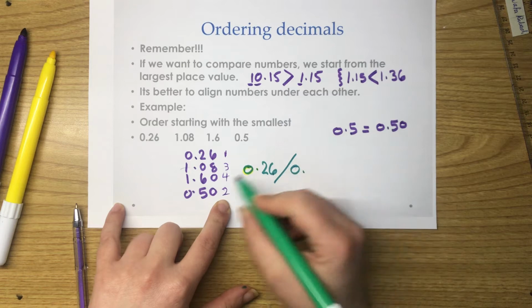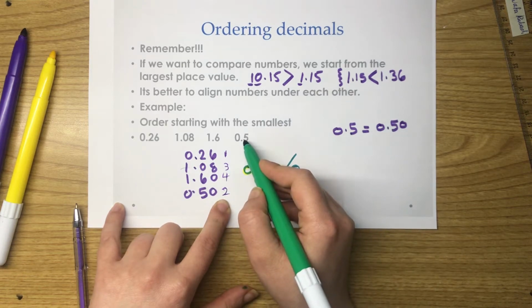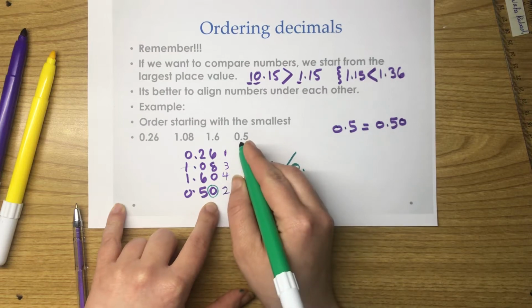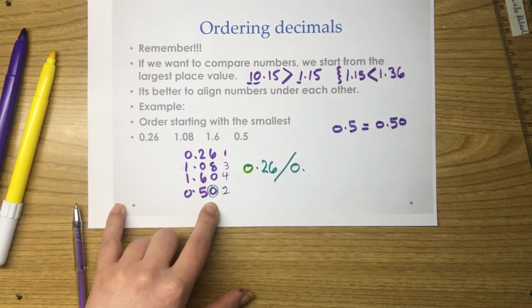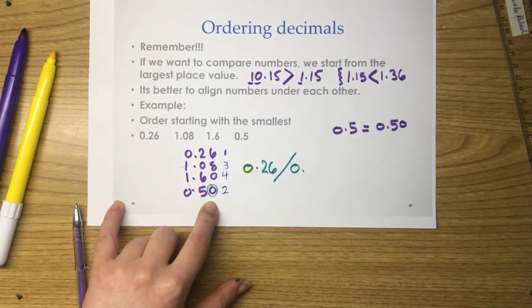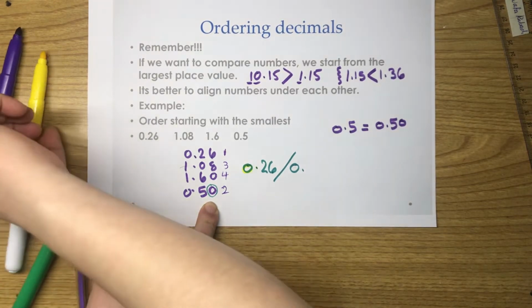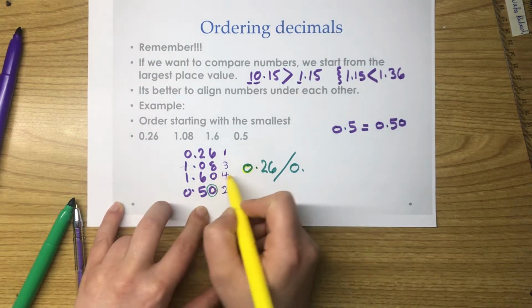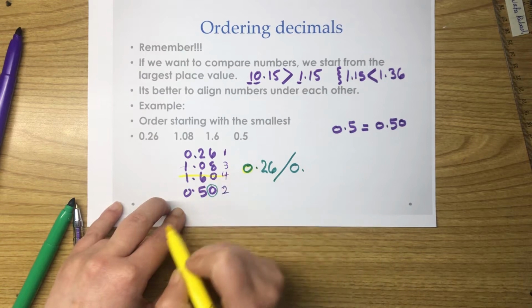Put the original answer, please. The zeros were added before, so you have to write the numbers the same way they were in the question. Again, mark the numbers that we added zeros to, this number and this number.